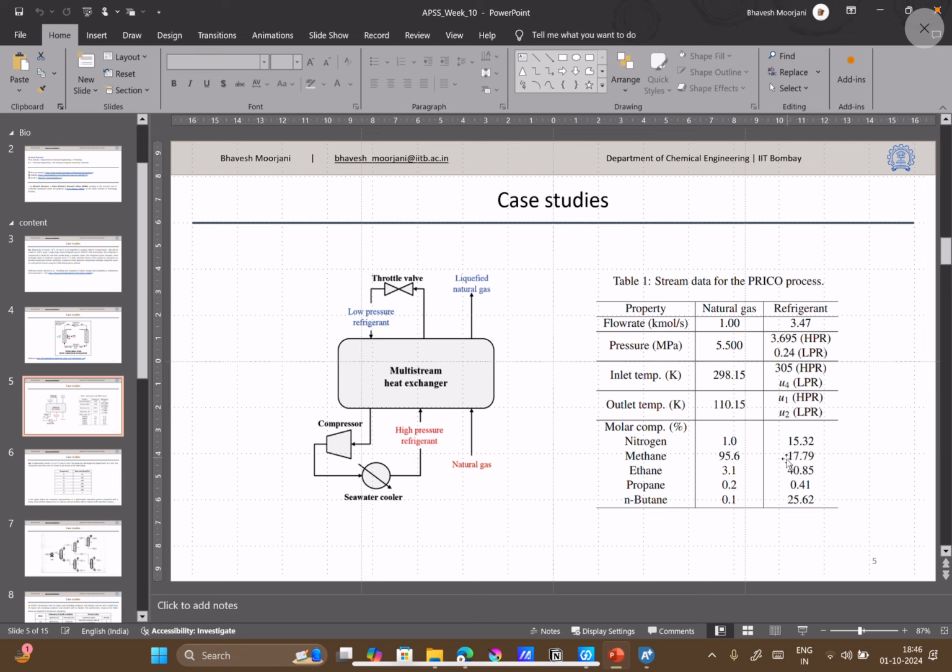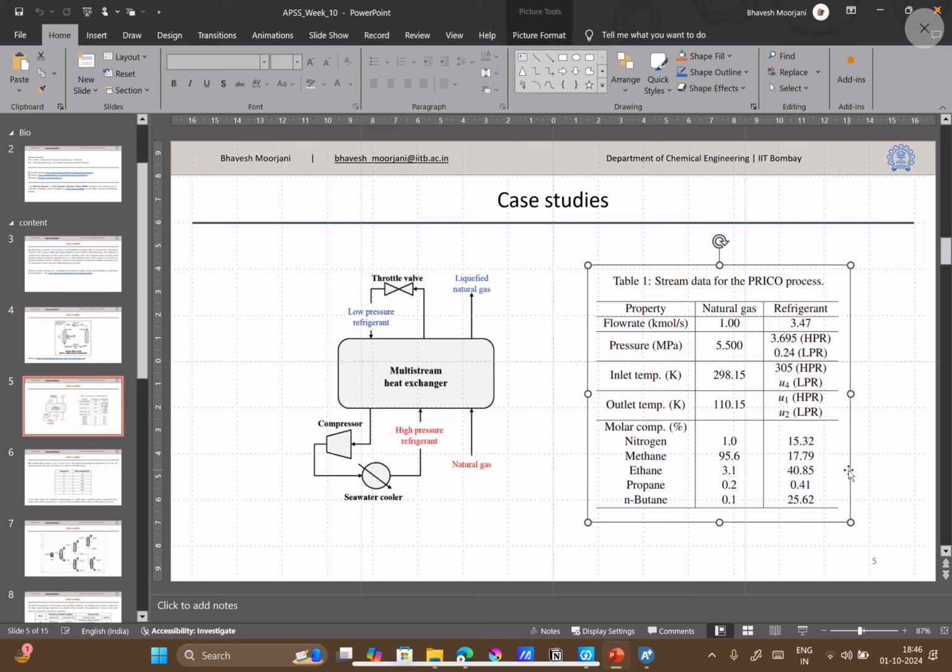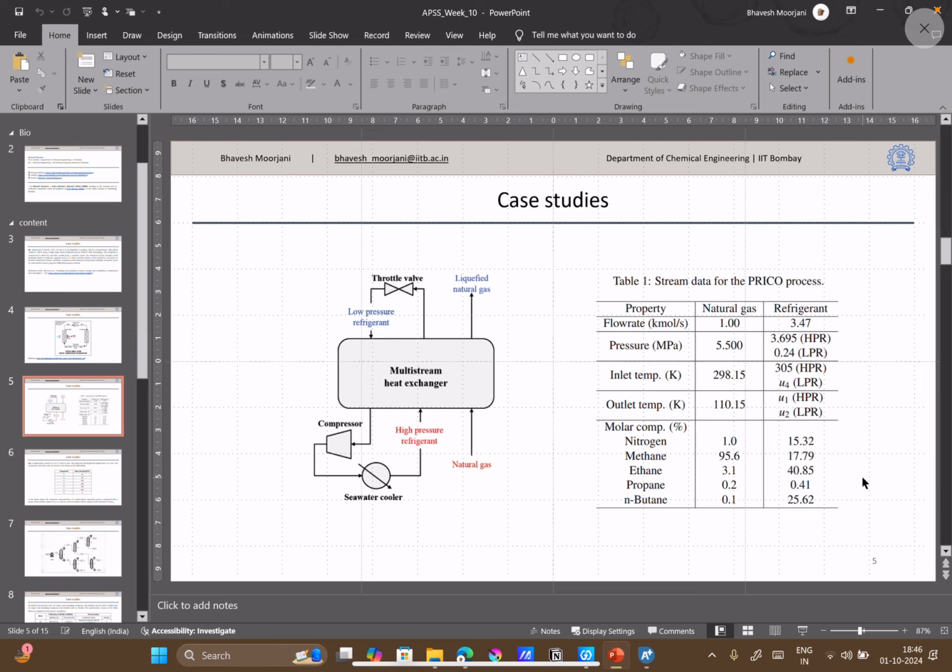Okay. Now why this specific composition? That could be because this composition might give you better refrigeration efficiency. Generally, if you search, refrigerants are compositions of lower molecular weight hydrocarbons. So it could be ethane, propane, butane also.